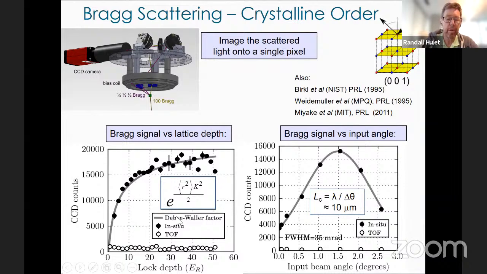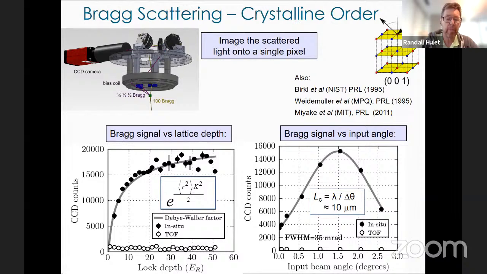Now, if you recall, when you learned about Bragg scattering, there's something called the Debye-Waller factor, which is also sometimes called the Lamb-Dicke regime or Lamb-Dicke factor, which has to do with how tightly confined the electrons or atoms are to their lattice site. So if you're in the deep binding limit, this Debye-Waller factor can be very big.